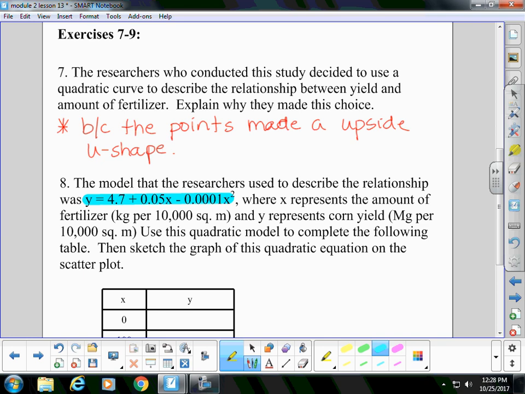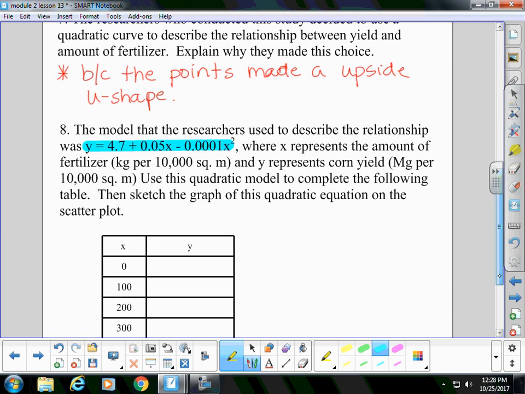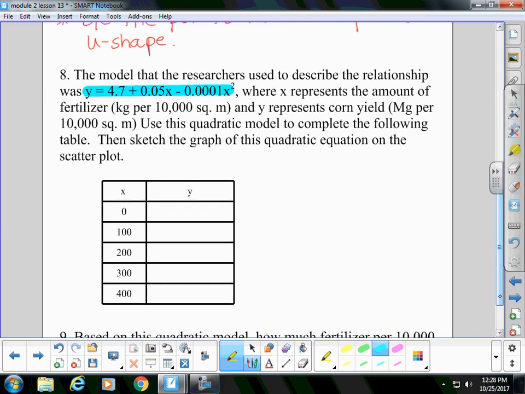Every time it's a quadratic model, you're going to see an x squared, where x represents the amount of fertilizer for every 10,000 square meters, and y represents the corn yield, how much corn they were going to be able to grow per 10,000 square meters.